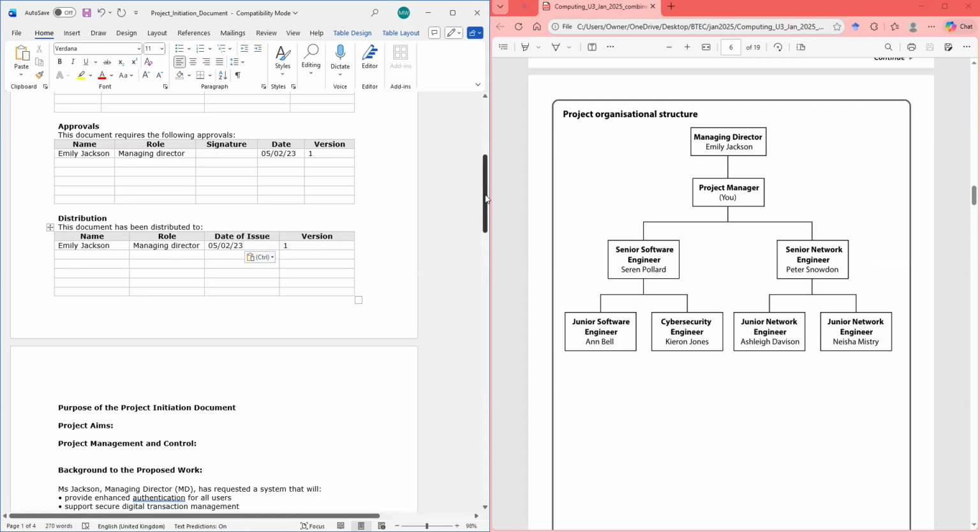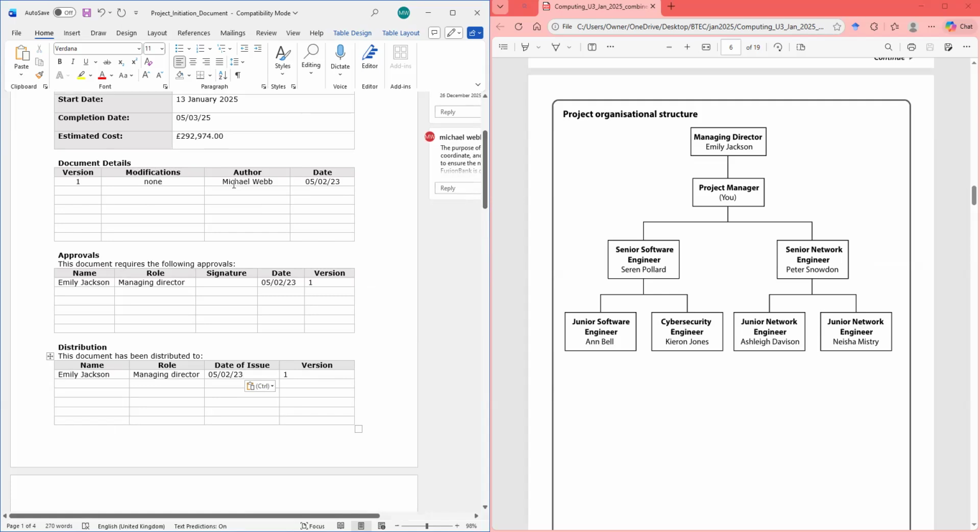I have to get a copy myself, and I'm the project manager.